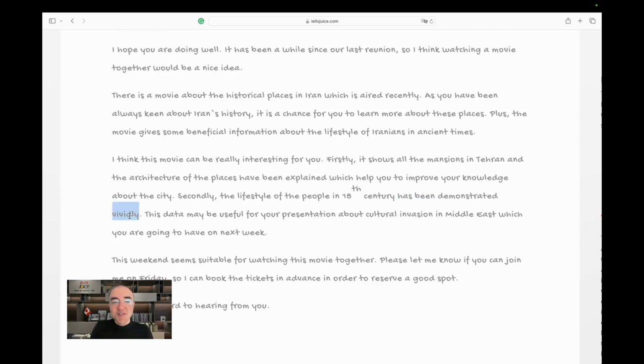Good word. This data, correct, may be useful for your presentation about cultural invasion in the Middle East, which you are. Okay, so I need a comma here because this which refers to the whole concept. I mean, the entire sentence here.